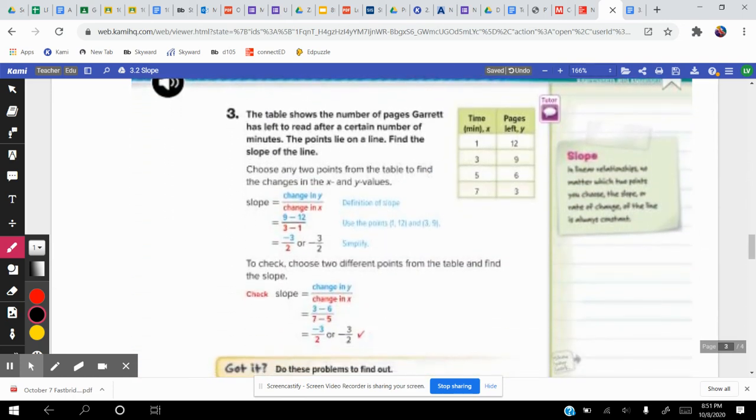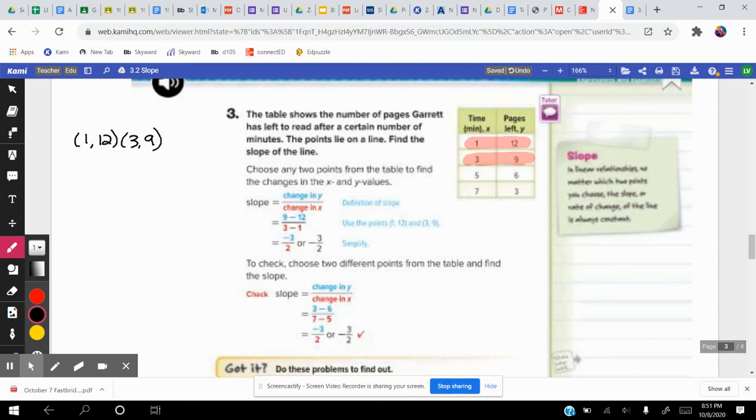Number 3. The table shows the number of pages Garrett has left to read after a certain number of minutes. The points lie on a line. Find the slope of the line. So we're first going to choose any 2 points from the table to find the changes in the x and y values. In this case, they choose the points (1, 12) and (3, 9). I'm going to write those as an ordered pair to the left.